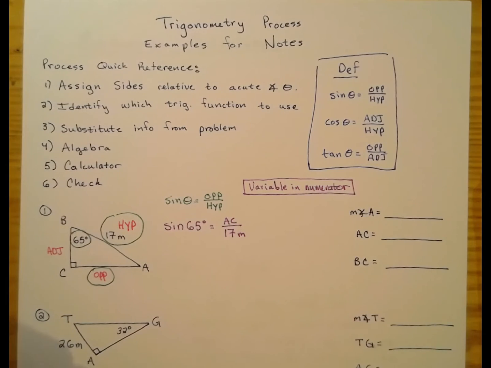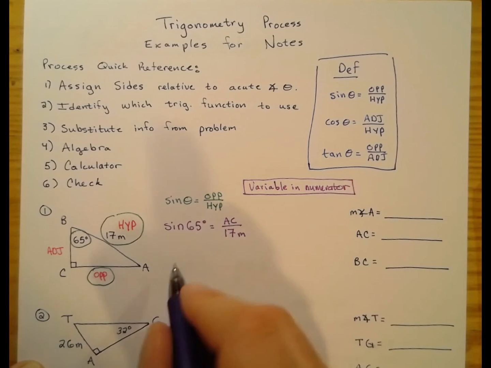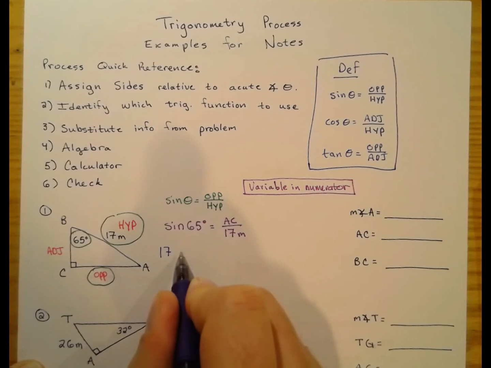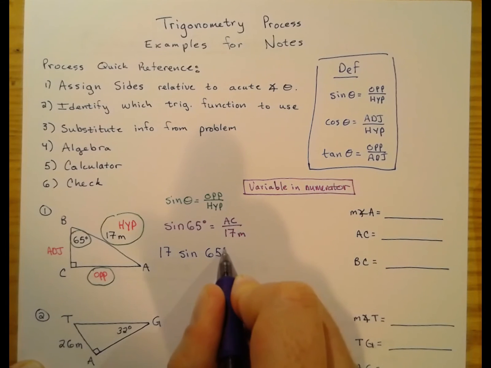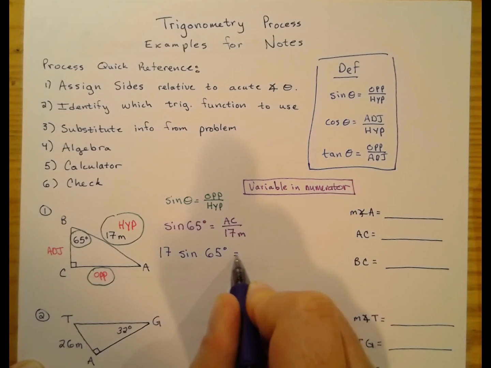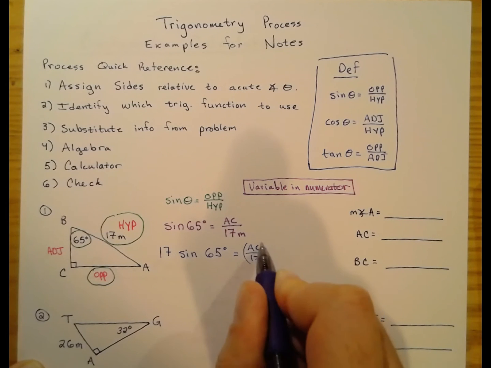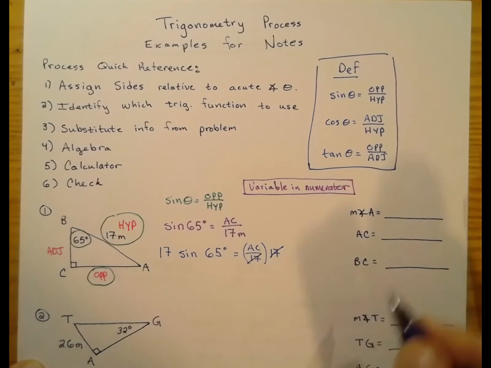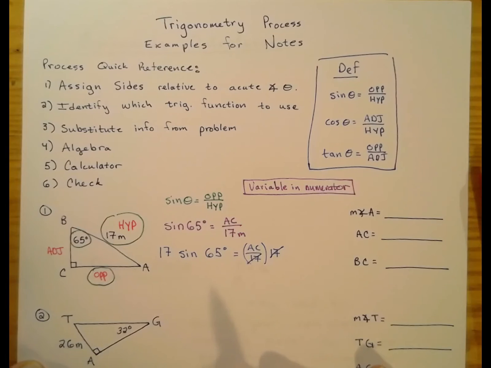This is the easiest of the 3 versions because it's a one-step, one and done. To get rid of your fraction, you're just going to multiply both sides of the equation by 17. Because when you multiply a fraction by the denominator, 17 divided by 17, those two cancel out.